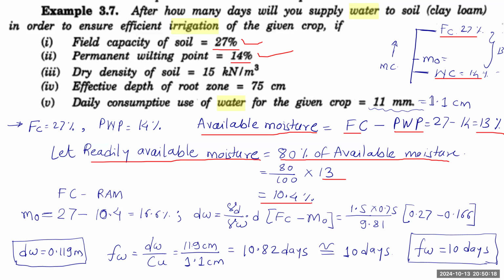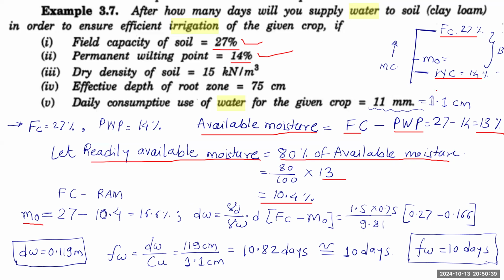Okay. So that can be easily extracted by the plant, and this will result in higher growth of crop and higher yield. Now we have to calculate the lower limit of moisture content in case of readily available moisture.